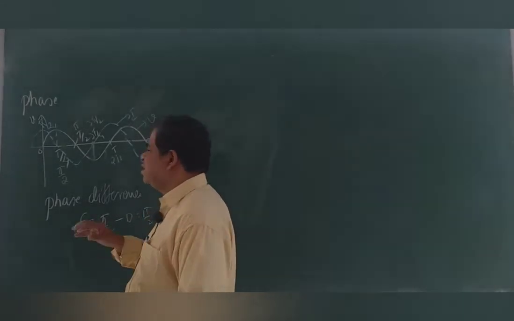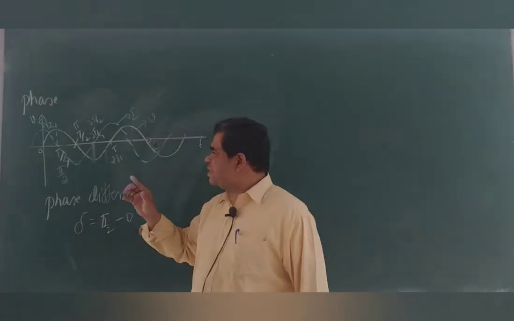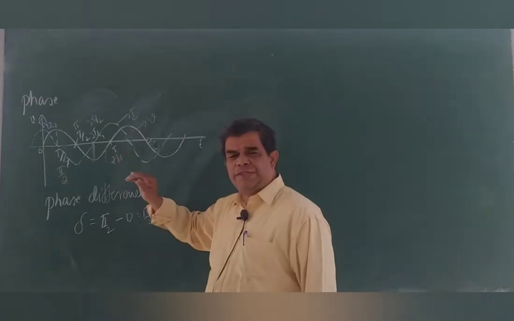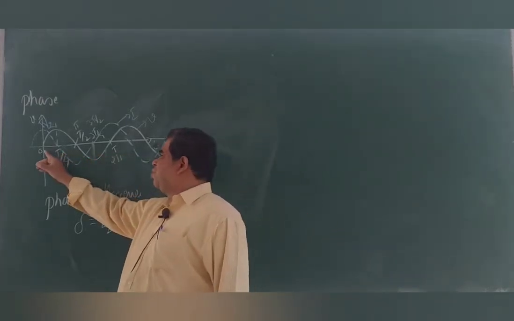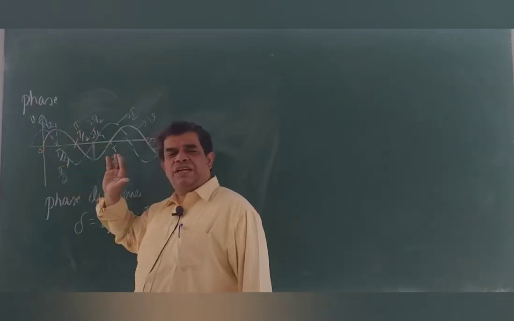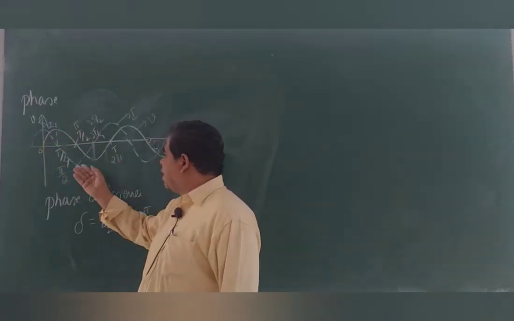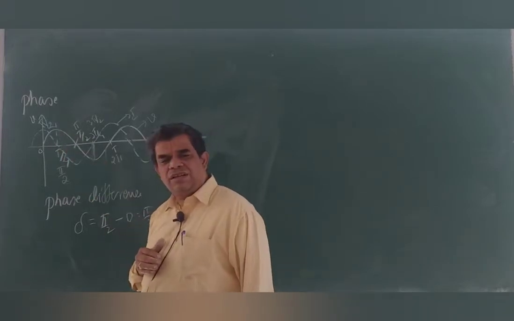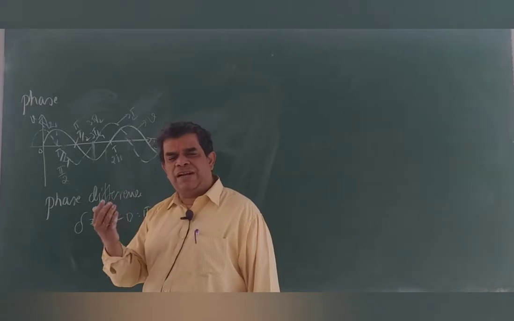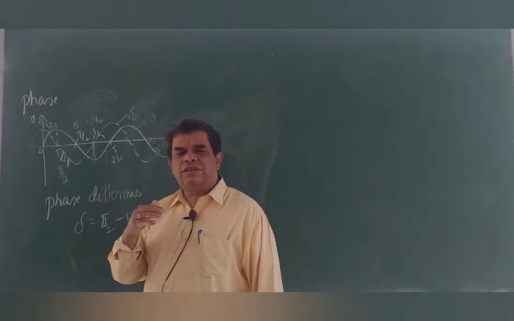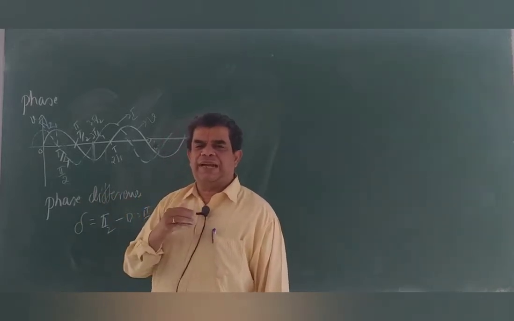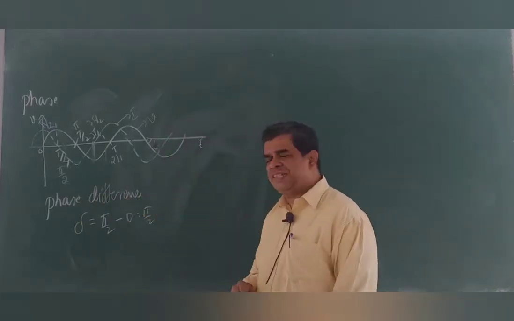So here we say current is ahead of the voltage, because when voltage is 0, current has already started, and it is ahead by T by 4 in time. This is what we call phase difference: how much ahead or how much trailing behind.